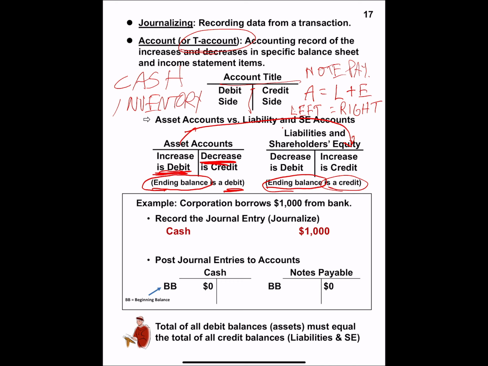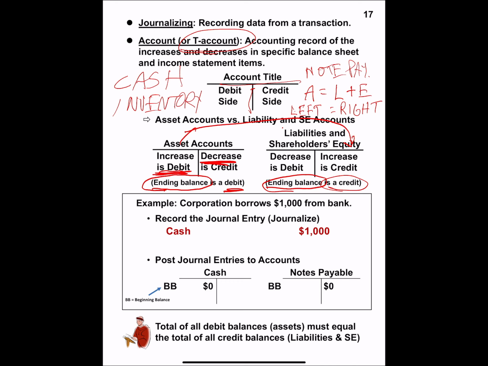When we're recording a journal entry, we always record the accounts that are going to be debited first. So cash is going to be debited. Then we come over here and there's the dollar amount. Think of some columns over here, and we're going to have debit and credit columns for the dollar amounts. Every time we record a journal entry, we need to have equal debits and credits.